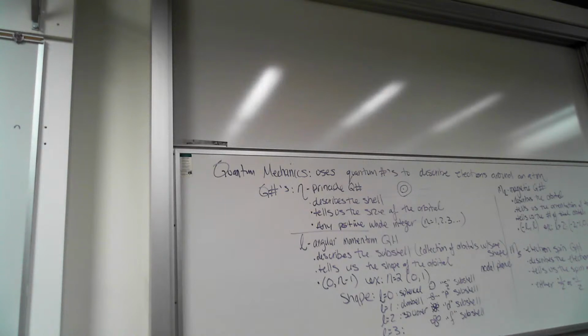So let's try to visualize this. I think this will help, but it will turn into a mess. If this is our nucleus, we have our first shell, and so this is an N of 1. For an N of 1, what are our possible L's?